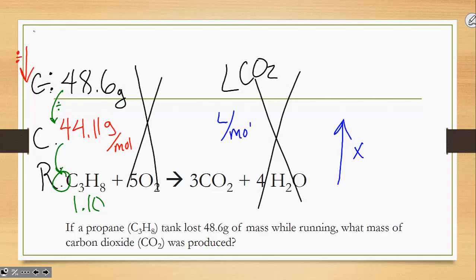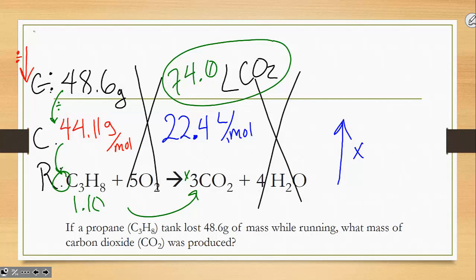Liters and moles are connected by that 22.4 at standard temperature and pressure, 0 degrees Celsius and 1 atmosphere. 1 mole of any gas occupies 22.4 liters, in which case now we will multiply our mole 1.1 times 3, giving us 3.3 times 22.4 for a total of 74.0 liters of carbon dioxide produced.